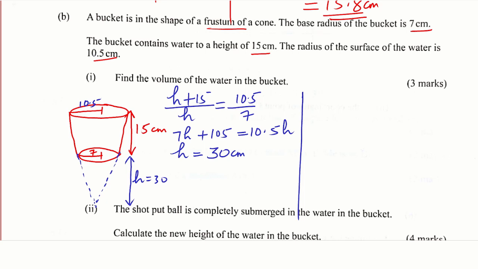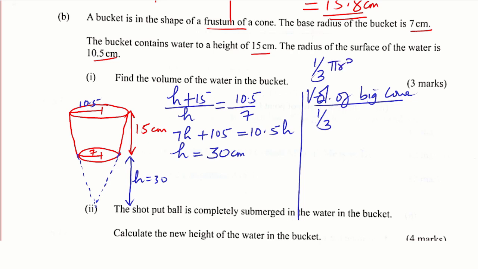So therefore the volume of the water will be given by the volume of the big cone, which will be a third. Remember, the volume of a cone is given by a third pi r squared height. This is how we get the volume of a cone.